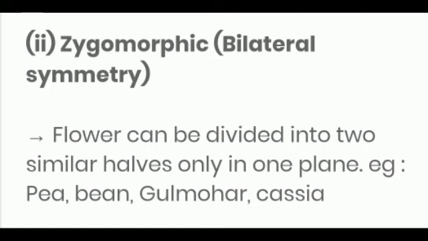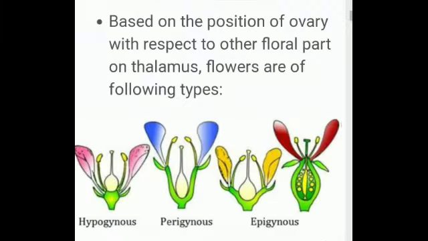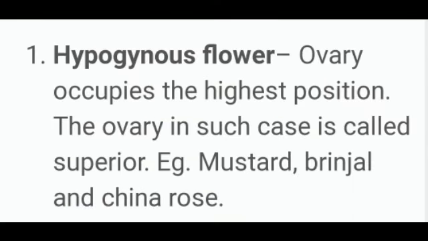And asymmetric is when it cannot be divided into two similar halves. Next is the position of floral leaves on the thalamus. Depending upon the relative position of sepals, petals, stamens and carpels on the thalamus, flowers can be of three types: hypogynous, epigynous and perigynous.